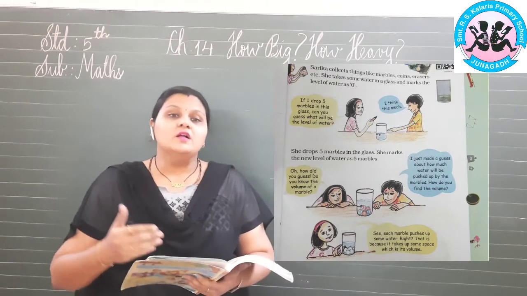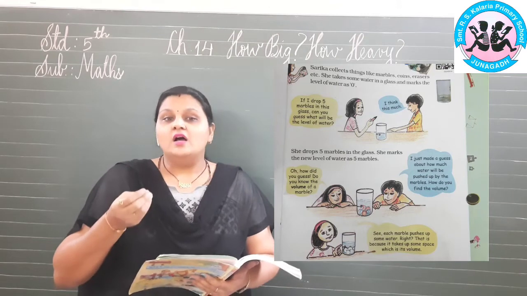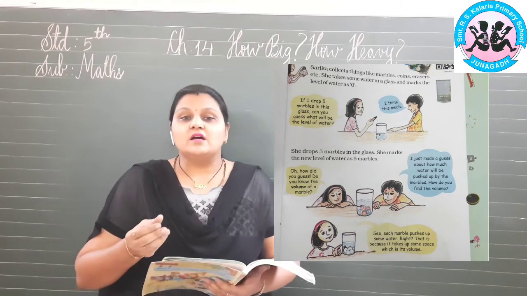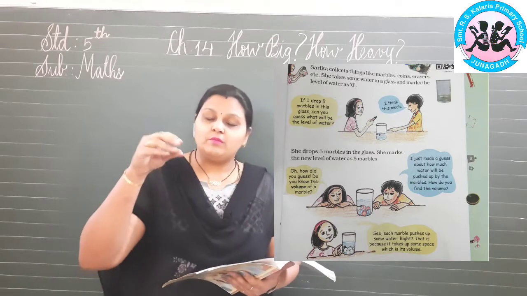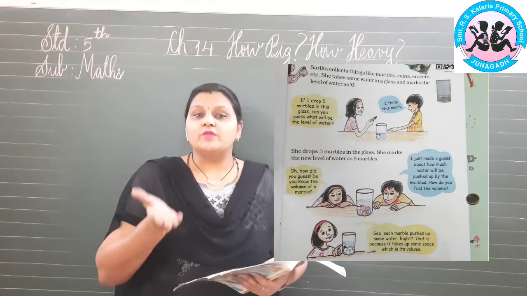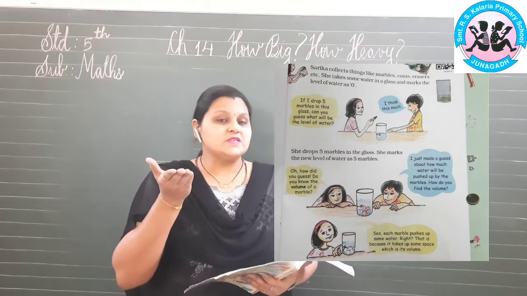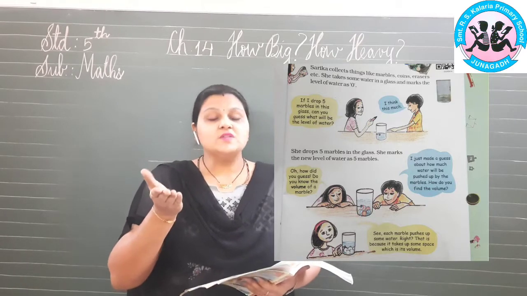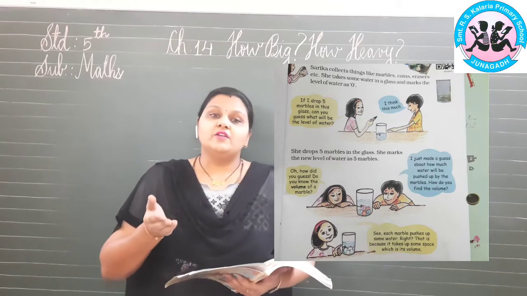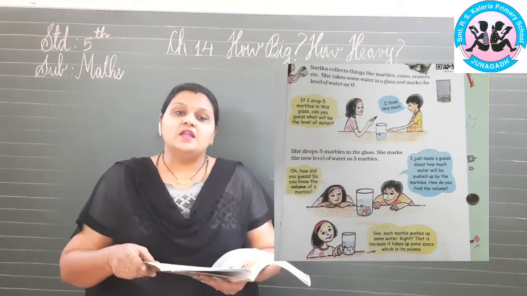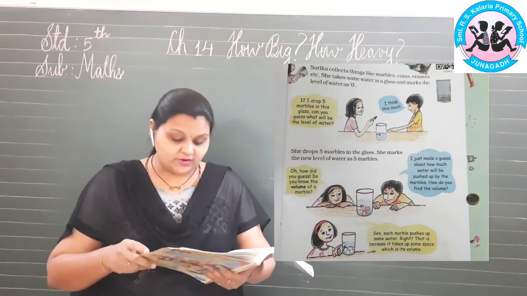In the same way here, the girl is putting marbles in the glass. So if you put a marble in the glass, the level of the water comes up. Why? Because the marble needs a space in the glass. So the level of the water will increase.